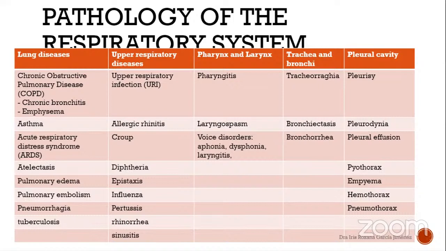Trachea and bronchi: tracheorrhagia, bronchiectasis, bronchorrhea. About the pleural cavity, we have pleurisy, pleurodynia, pleural effusion, pyothorax, empyema, hemothorax, pneumothorax.